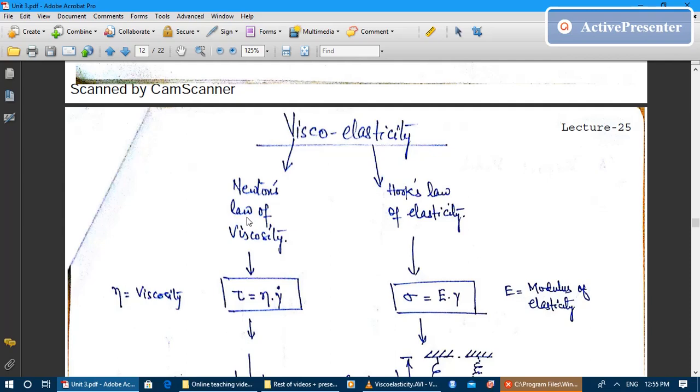One more thing, you have to keep in mind that there is nothing like a spring or a dashpot inside the polymer. If you try to search for a dashpot or a spring inside the structure of the polymer by zooming inside using a scanning electron microscope, you are not going to find any dashpot or spring over there. The representation of spring and dashpot is just to understand the phenomena of the intermolecular attraction, secondary bonding, and the elastic part because of the stretch in the bond length of the primary bonding.